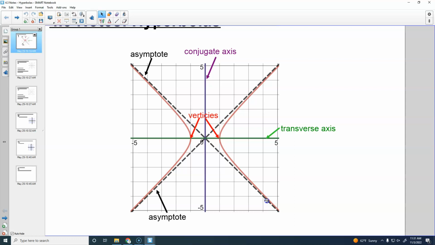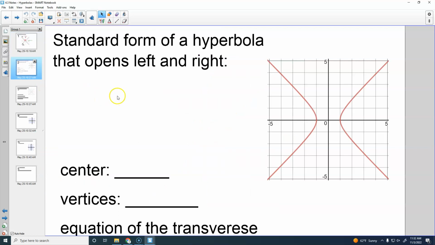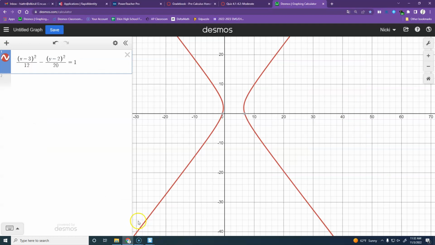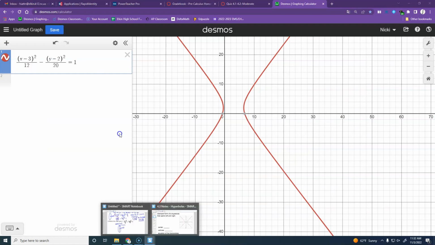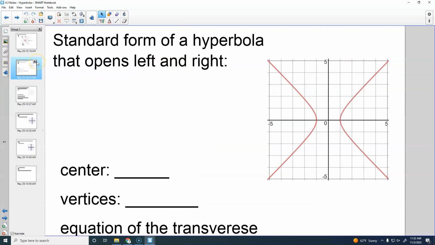Okay, we could go into a great amount of detail finding all of this stuff, but we're going to go with sort of a general version of this. So, the standard form of a hyperbola that opens left and right. If your x is positive, your graph is going to open left or right.